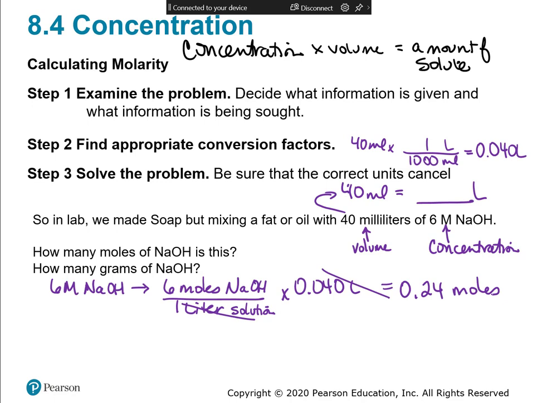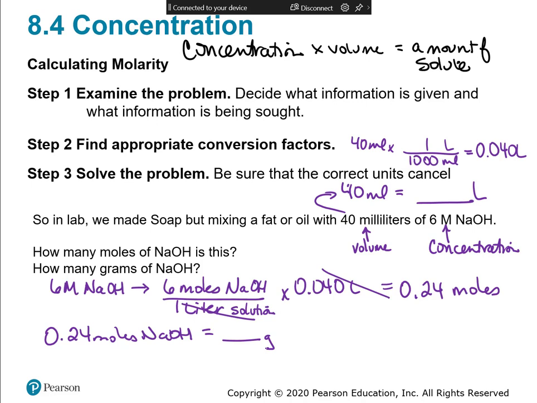Then the last question, how many grams is this? So if I have 0.24 moles of NaOH, and I want to know how many grams it is, what do I need to know? How do I go from grams to moles or moles to grams?